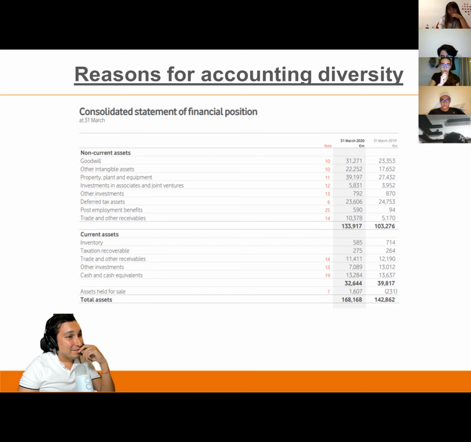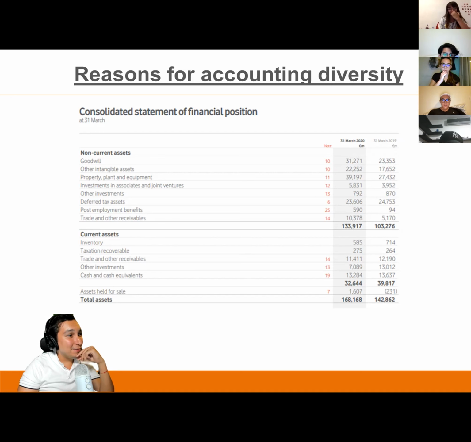Oh, in the non-current assets? Yes. I thought they were organized by liquidity. They are organizing by liquidity, guys. So who can help her?